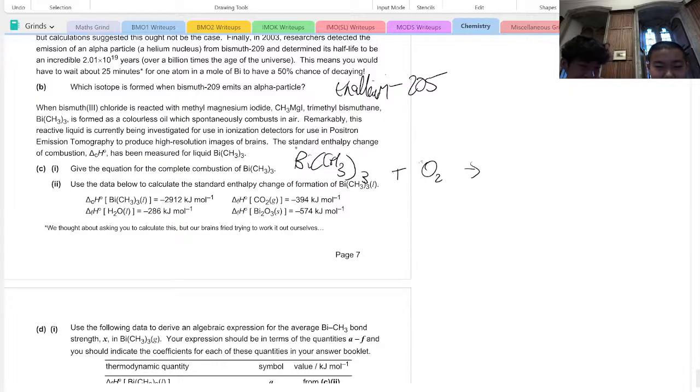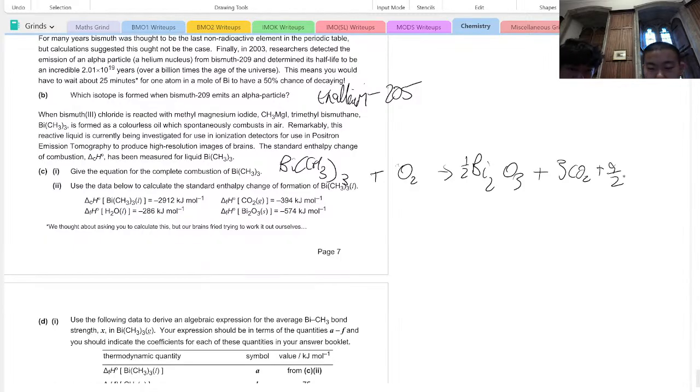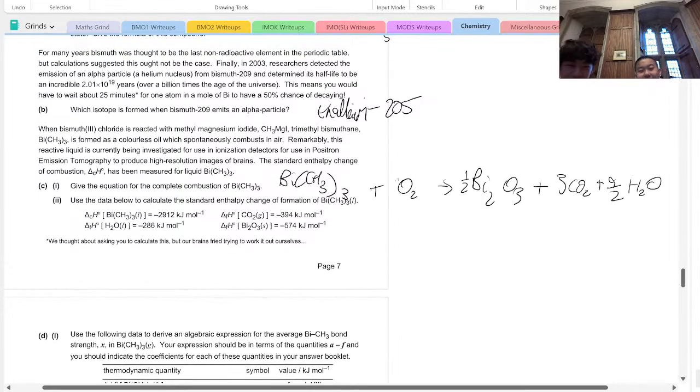Half Bi2O3 plus how many CO2? 3. Yes. Plus how many H2O? 9/2. Yeah, 9/2.